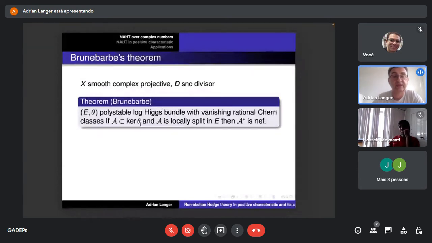But then, if we assume that E has vanishing rational Chern classes, and we take a subsheaf of the kernel of this Higgs field, and moreover we assume that this subsheaf is locally split in our original vector bundle, then the dual of this vector bundle is nef.